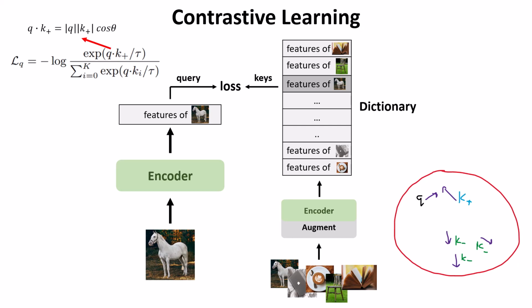So I have to increase the batch size to have a larger dictionary, but I can do it only to some extent, and I have a limitation in GPU memory, so I cannot just increase it to some very large value like thousands of images in a single batch, which makes the task more challenging. And this is where momentum contrast shows up: how to make this dictionary independent of batch size.